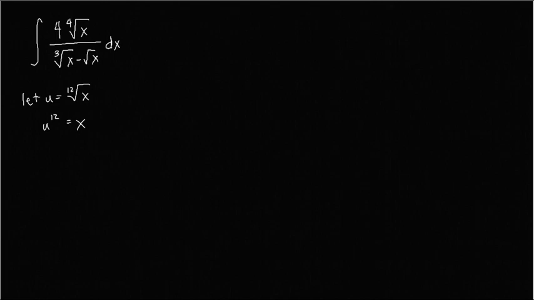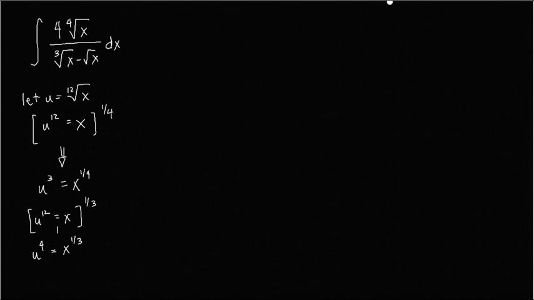Kasi kapag itong u raised to 12 equal to x ay ni-raise natin ng, let's say, 1/4, then it will become what? U raised to 12 over 4 is 3. Then this is x raised to 1/4. So ito na yung nasa taas natin. Again, if u raised to 12 equal to x, this time around, na-raise naman natin ng 1/3. So 12 divided by 3 is 4. Then x raised to 1/3, yung cube root.